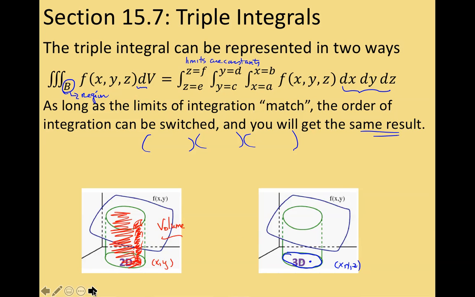And so the function has to now be in terms of X, Y, and Z, right? And I no longer can just draw a rectangle around this. I have to draw a box around it. Right? And then I'm multiplying all those volumes and adding them up.